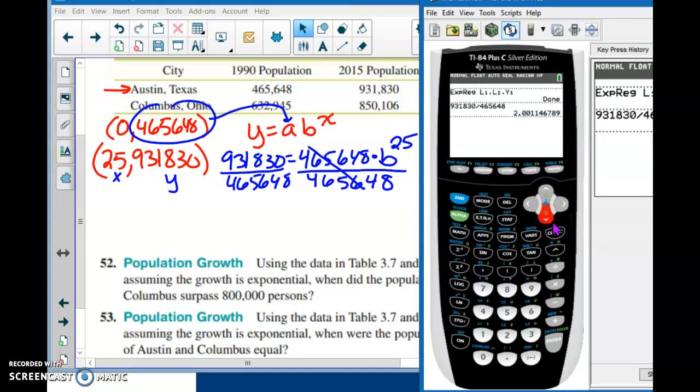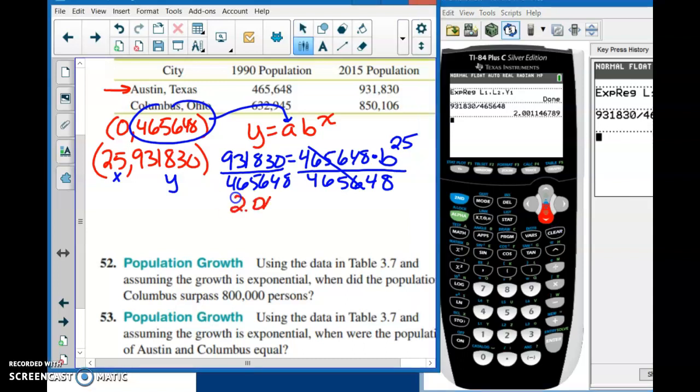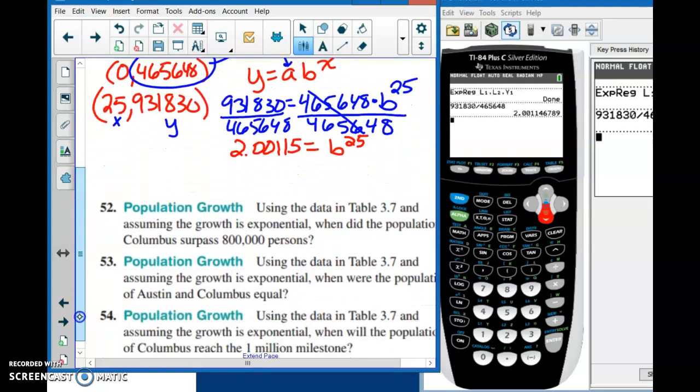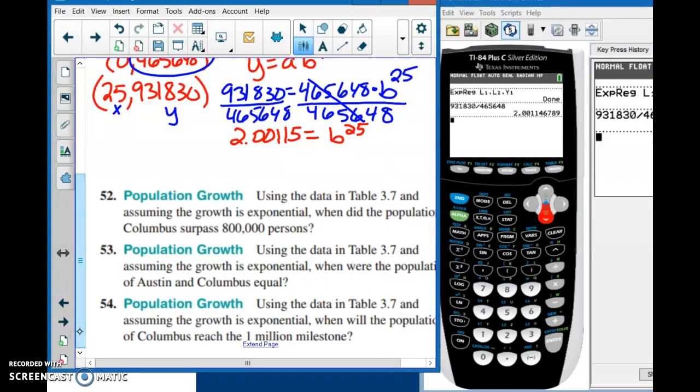So my population at 2015 divided by initial population is a number that's really close to 2. What this tells me is that a number times itself 25 times is equal to a number that's very close to 2. I'm going to round it to 5 decimal places because I want to remind you that this is the base and I need to have as many decimal points as possible. However, when I finish my calculations in the calculator, we're going to keep it expanded out.